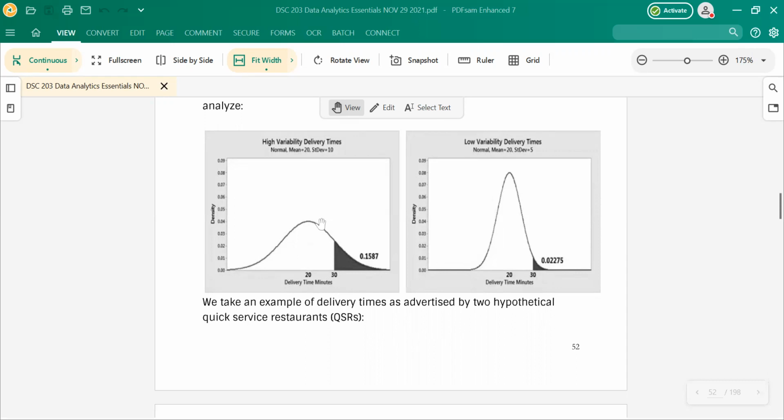When you compute the average, everything is getting 20 minutes. But when you compute the deviation, which one has the higher deviation? First one has higher deviation. Now, if you want to spend more time at the restaurant, which one will you prefer? The second one.